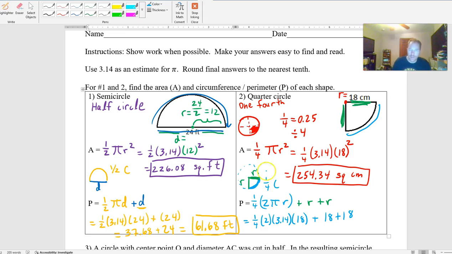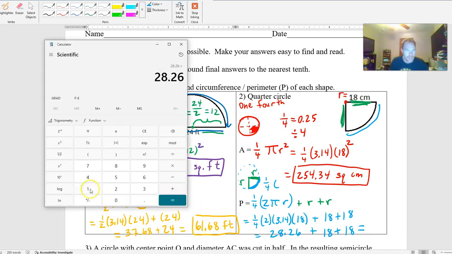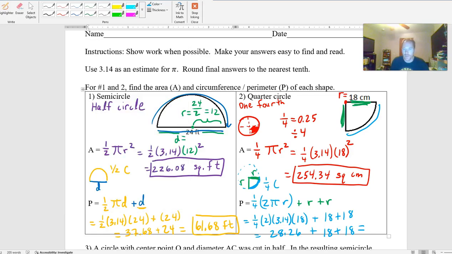I'll jot that down. So this equals 28.26 plus 18 plus 18. I should be able to do that in my head, but I'm just going to go to the calculator with that. 64.26. There you go. That would be in just regular old centimeters.